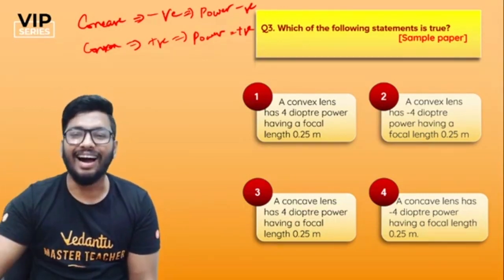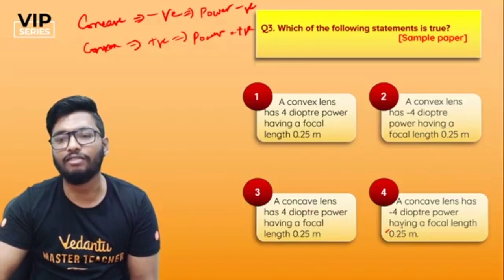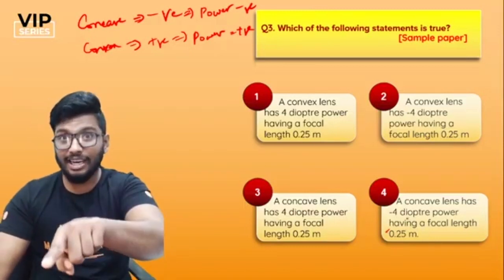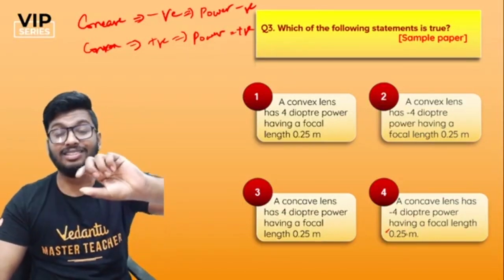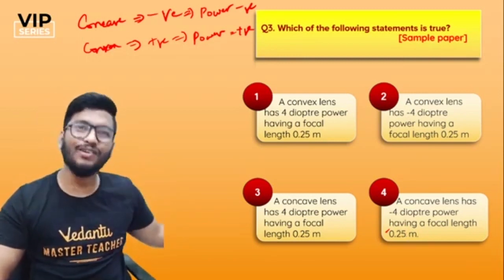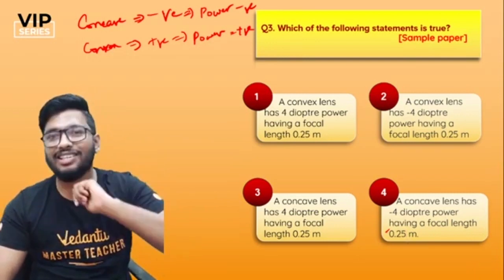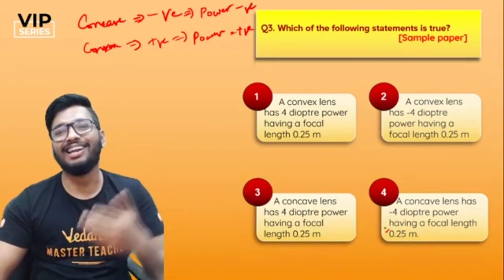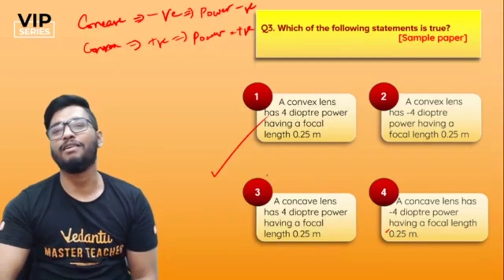And finally, if this was negative, the focal length should also be negative. This statement is true to some extent, that is, the concave lens has minus 4 diopter, but then the focal length should also have been negative. It cannot be plus 0.25, and hence, guys, option number A would be the perfect answer.